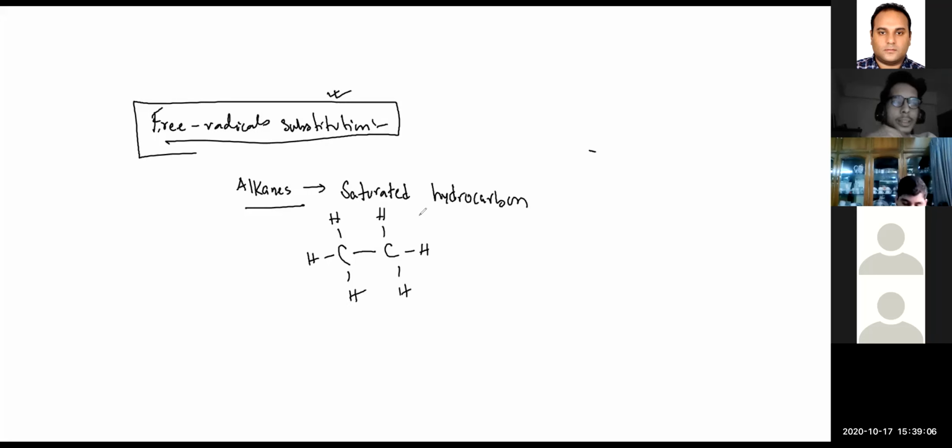So if you want to substitute any one of the atoms, first you need to break this, and then you will substitute this hydrogen with a free radical.